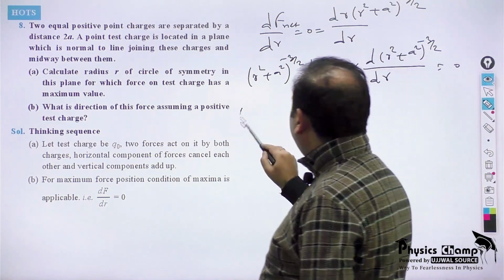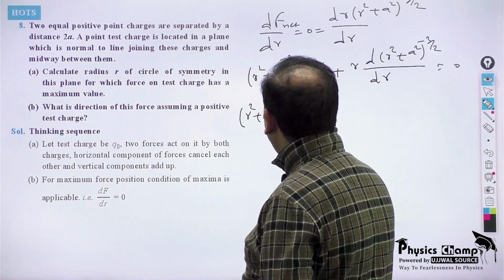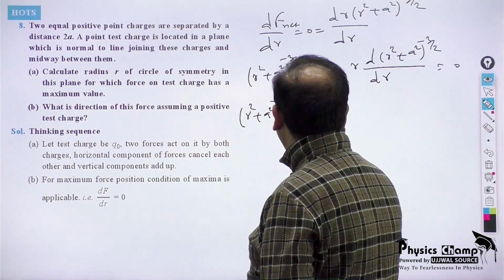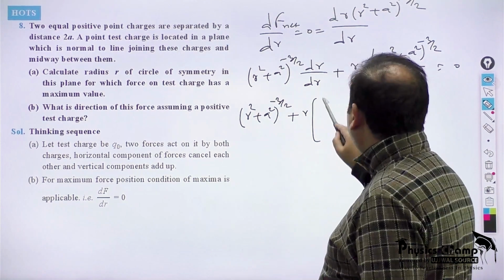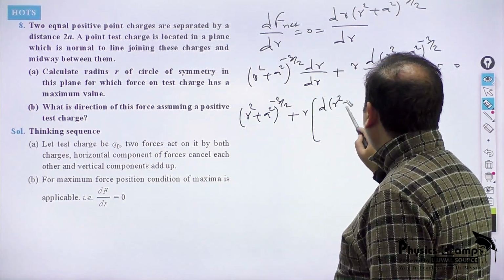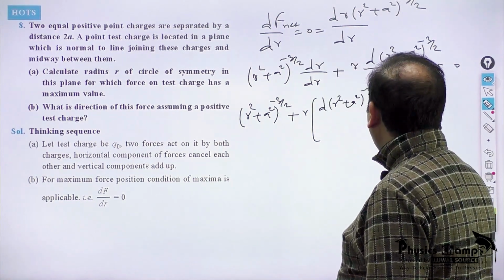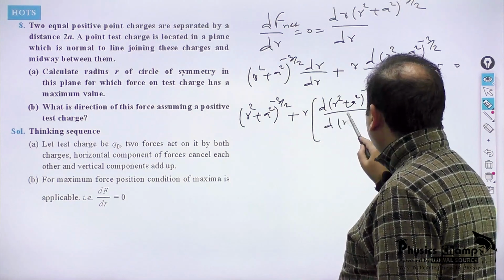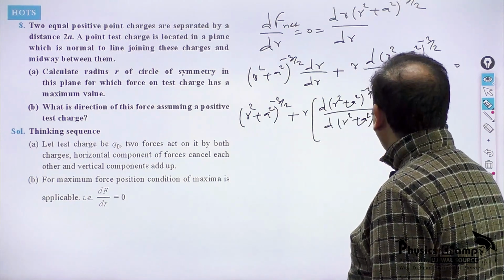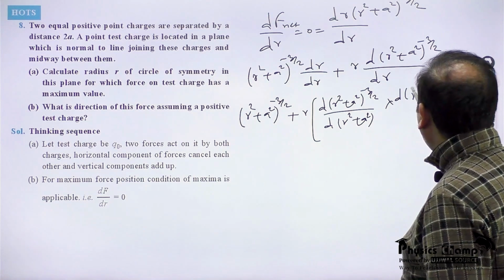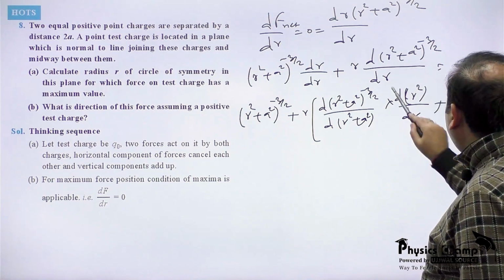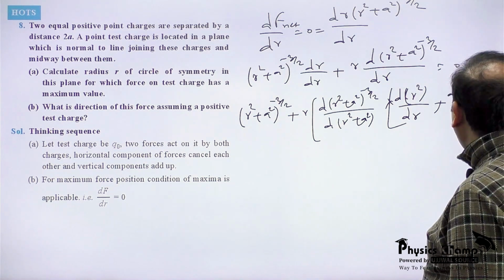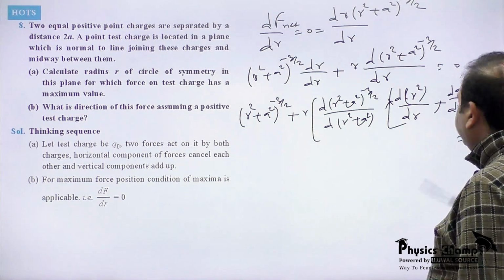So here you are getting (r² + a²)^(-3/2) plus r into, here you will apply the chain rule: d/d(r² + a²) of (r² + a²)^(-3/2) into d(r²)/dr plus d(a²)/dr, should be 0.